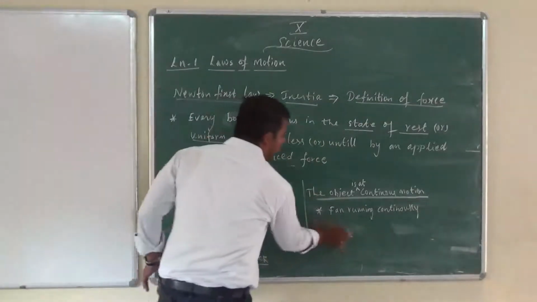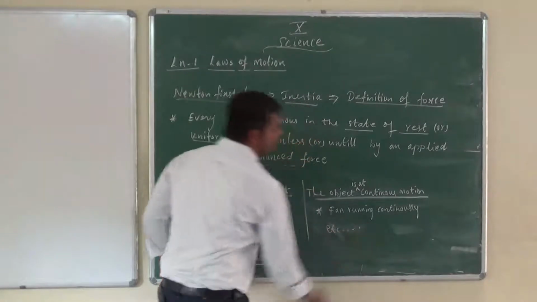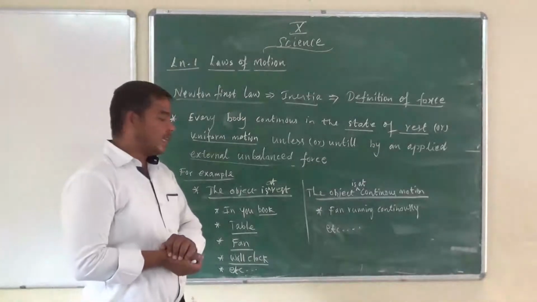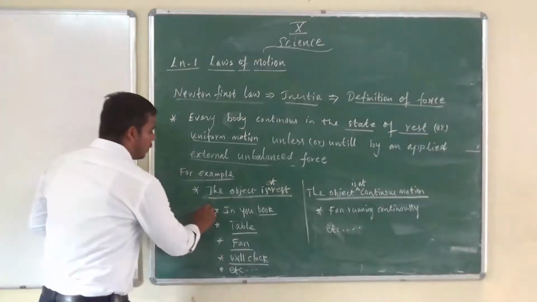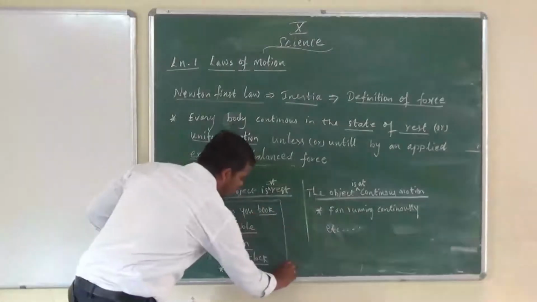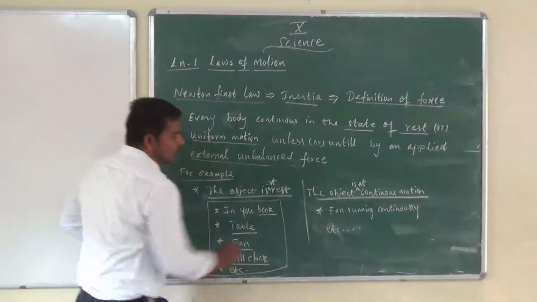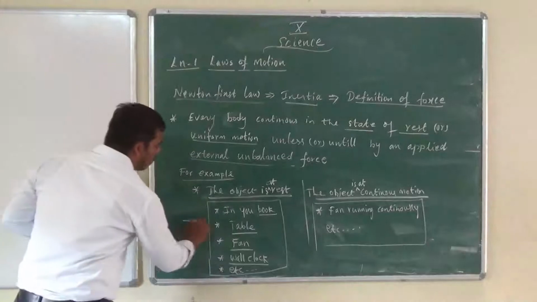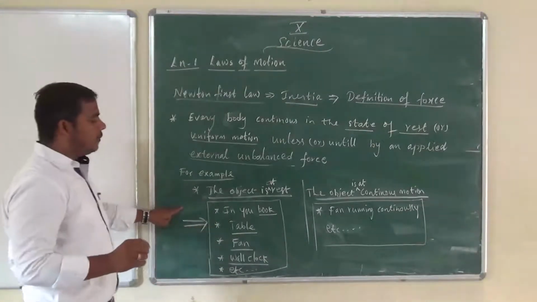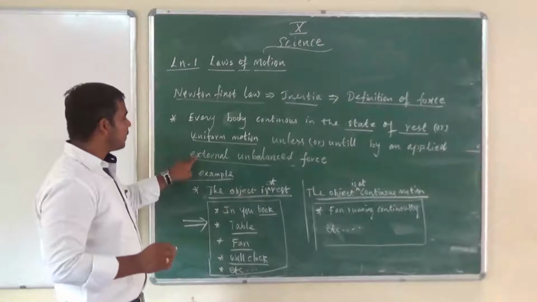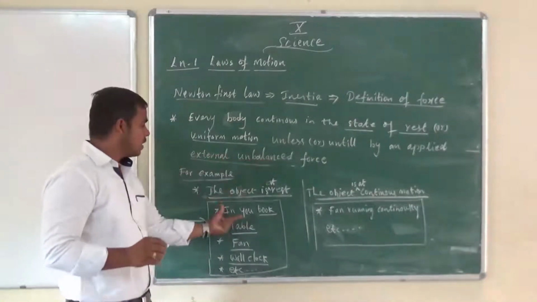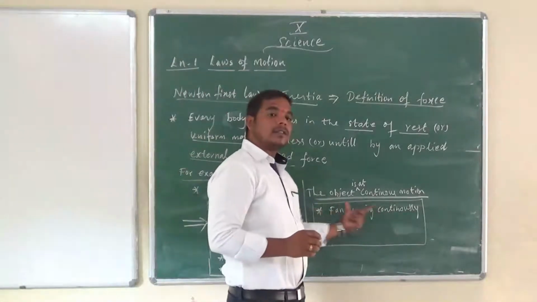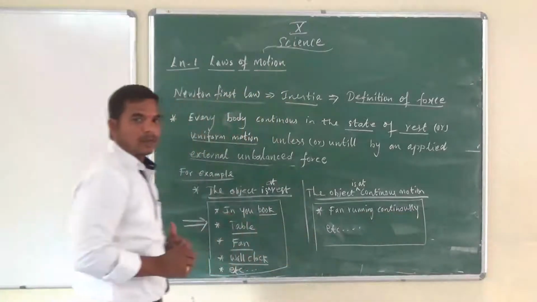We can say a number of examples, or you can refer to the book: what are the continuously moving objects? So how long will they stay at rest? Without acting of an external unbalanced force, these objects are at rest, and these other objects are in continuous uniform motion.